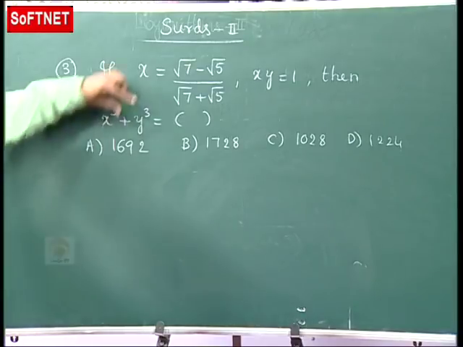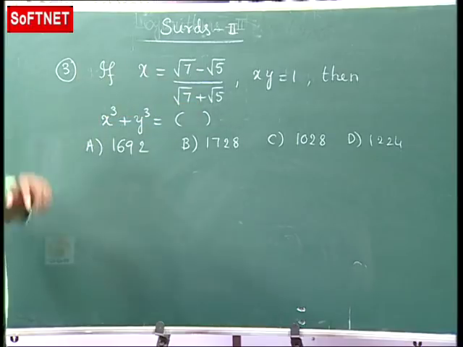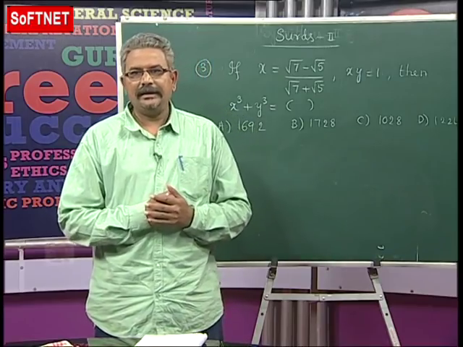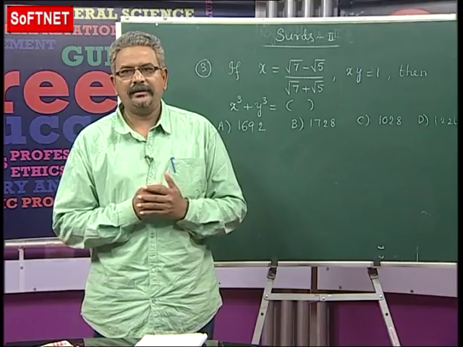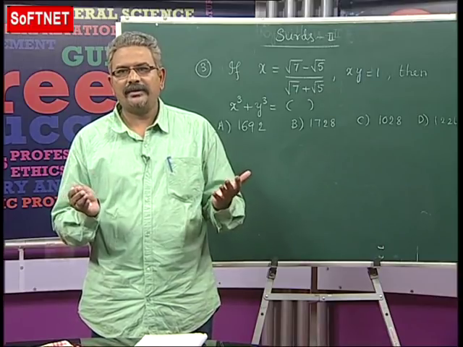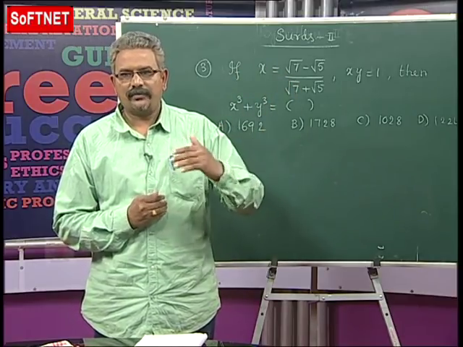First, let us rationalize the denominator of x. What is the denominator of x? Here, the denominator of x is root 7 plus root 5. Its rationalizing factor is root 7 minus root 5. So multiply both numerator and denominator with root 7 minus root 5.